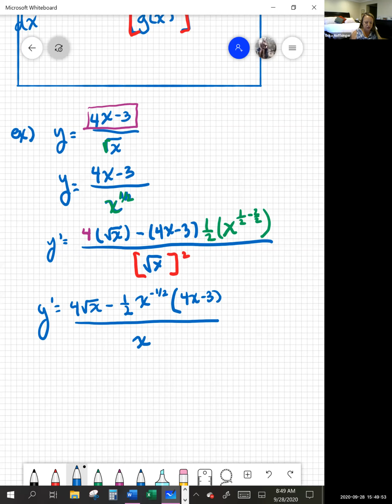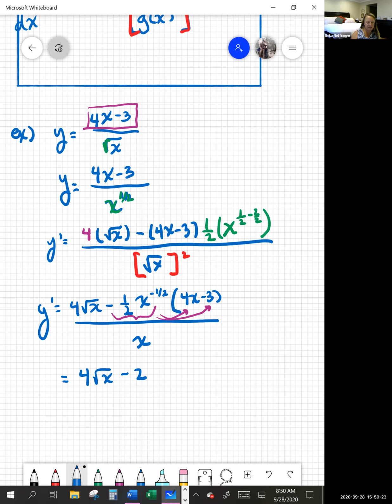Notice that we can distribute this whole -1/2, x to the 1/2 to each term inside. So let's just bring down our 4 square roots of x minus, well, 1/2 times 4, that's just 2. X to the -1/2 times x, but we're adding our exponent.